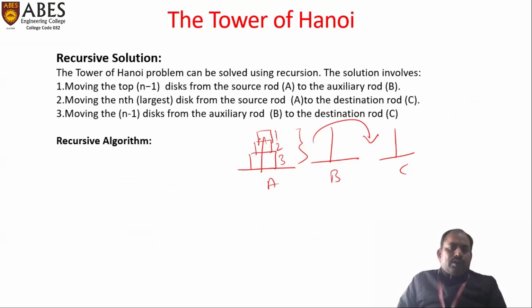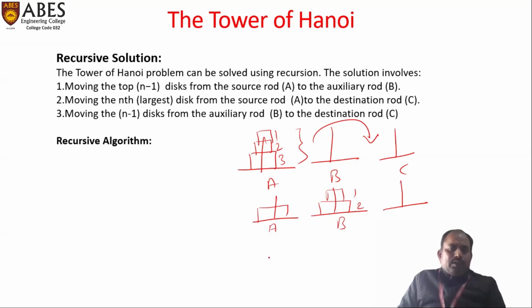Firstly, we move n minus one disks from source rod A to auxiliary rod B, using B as the intermediate rod. We keep disk 3 at the same place and move this arrangement to rod B. So disk 2 and disk 1 are moved to rod B, and rod C is vacant.